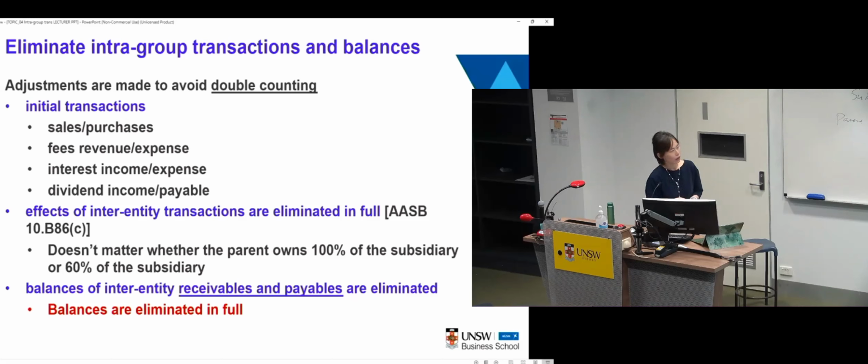Now, if there is any intragroup payable or receivable, if the sale is made on credit, then the parent company will record the receivable and the subsidiary recognizes accounts payable. All these intragroup assets and liabilities must be eliminated as well. This is again consistent with the full elimination principle. We have to eliminate in full all the intragroup assets, liabilities, revenue, expenses, and equity in your consolidation worksheet, as if those intragroup transactions had never occurred.